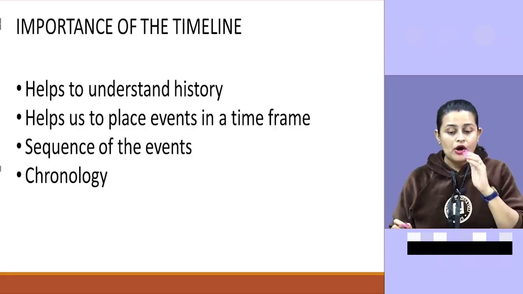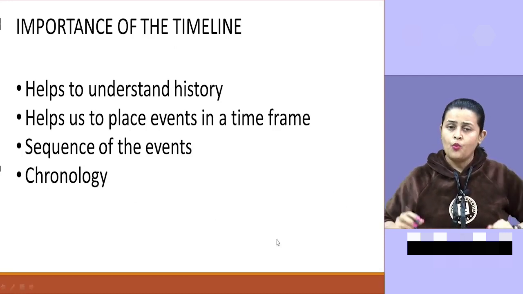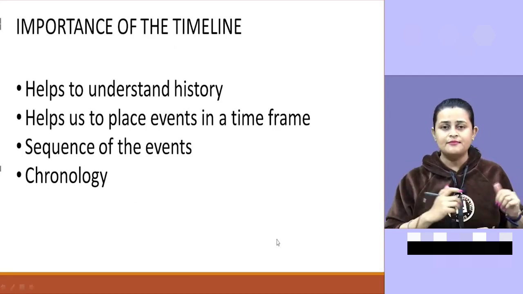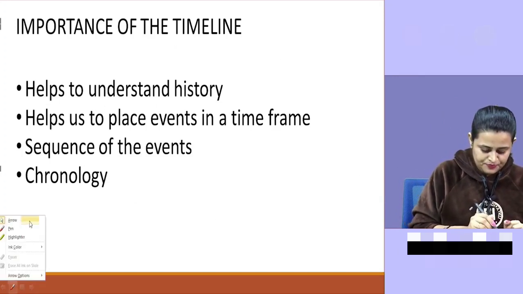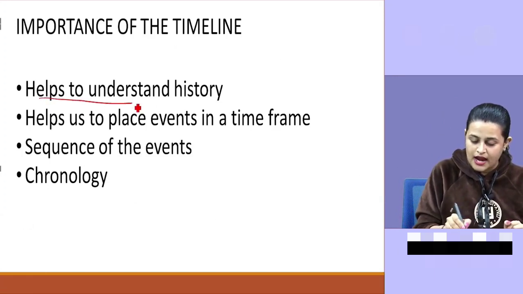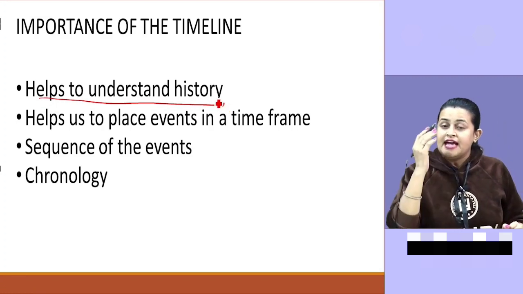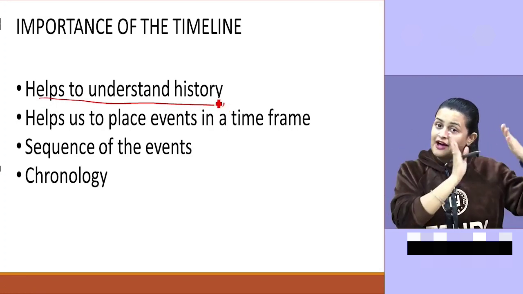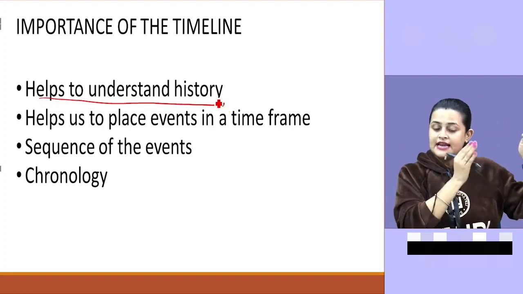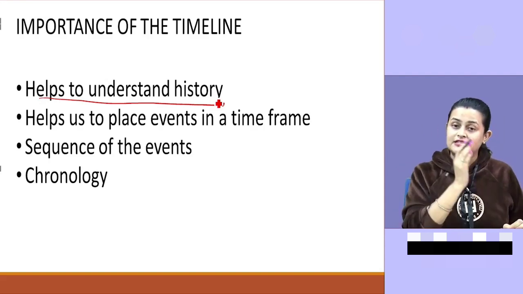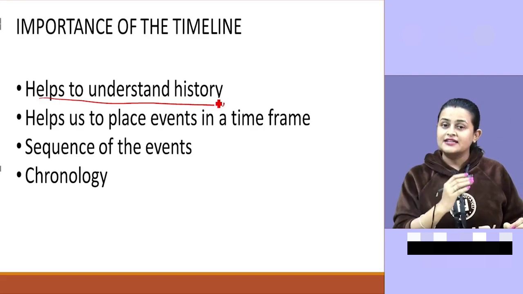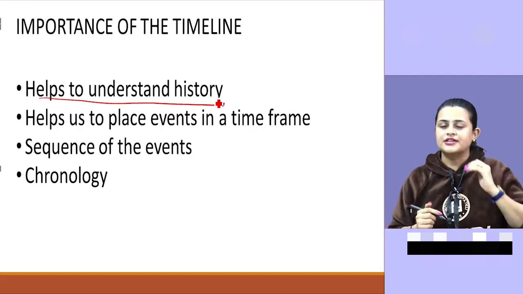Now, the importance of the timeline. What is the importance of this timeline? First, it helps us to understand history in the way we should. For example, when we talk about the timeline or dating system, we understand history in a chronological manner.